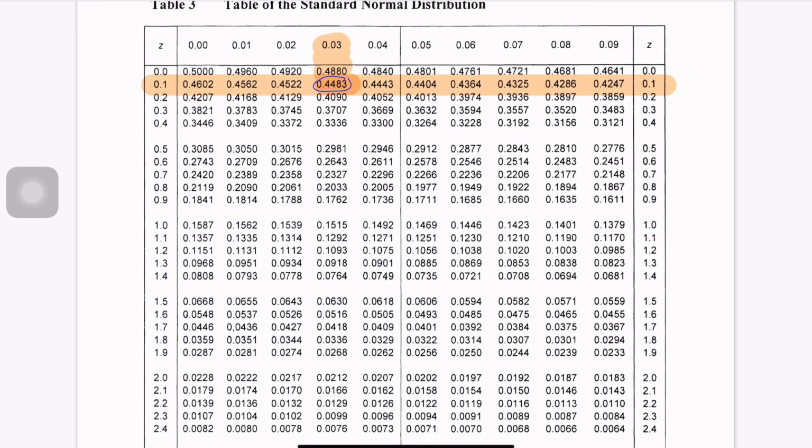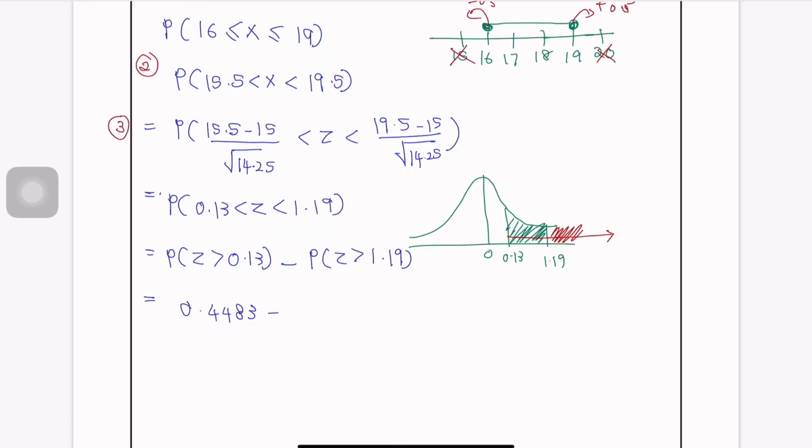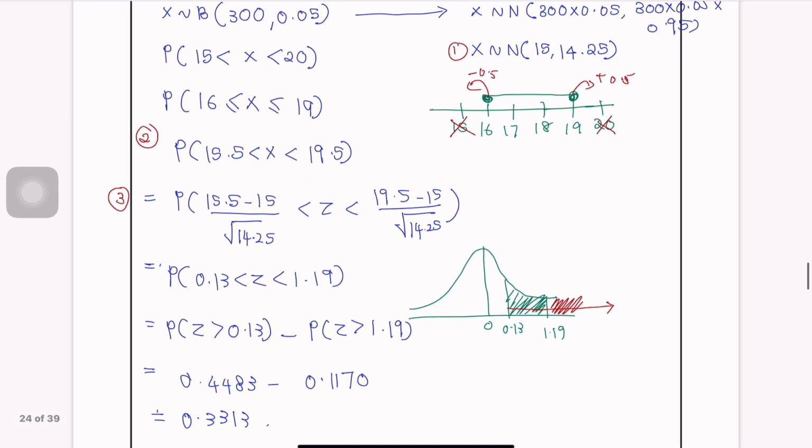So what is the value? 0.1170. So we have the value. The answer, the probability, is 0.3313.